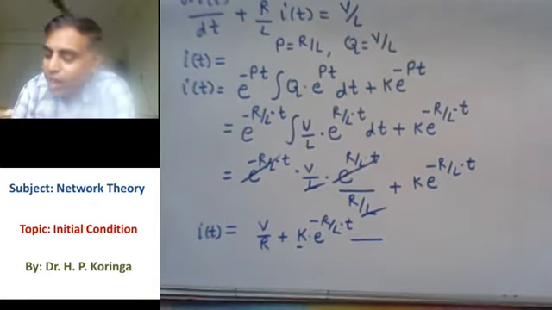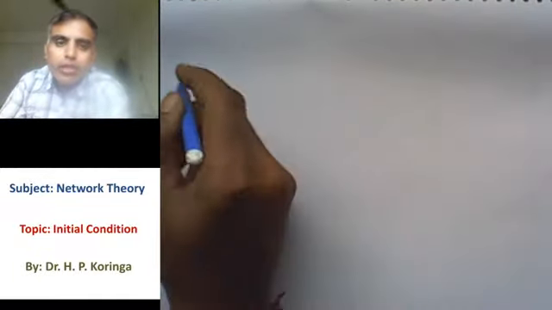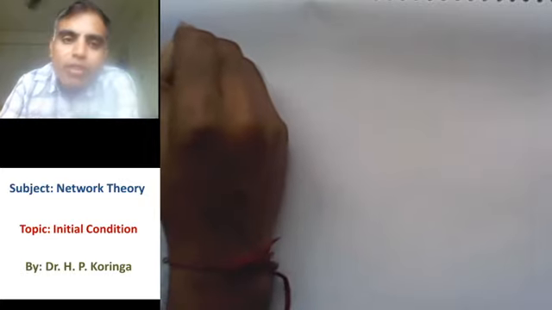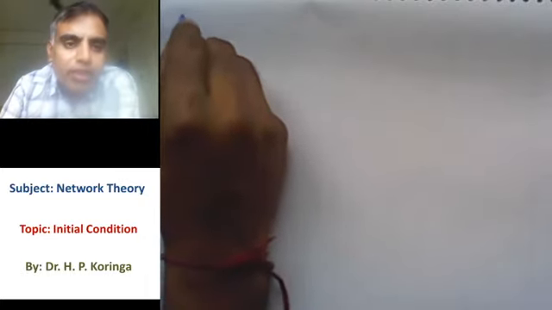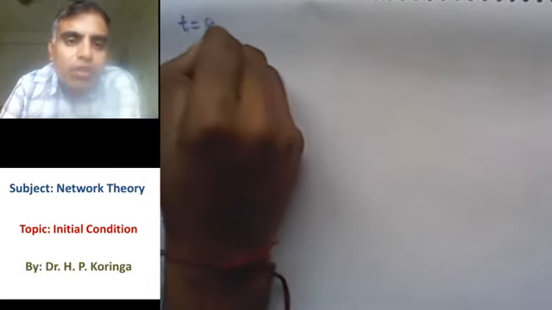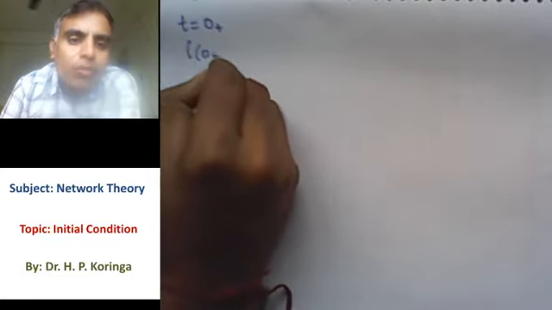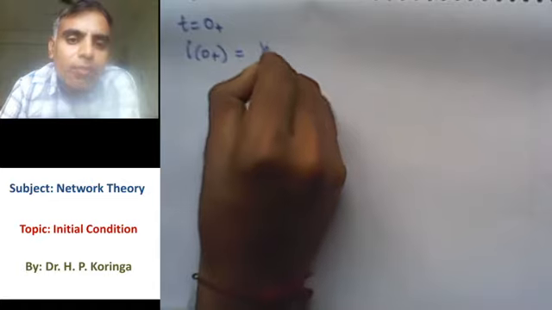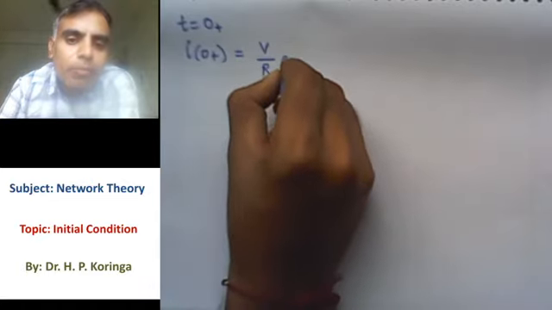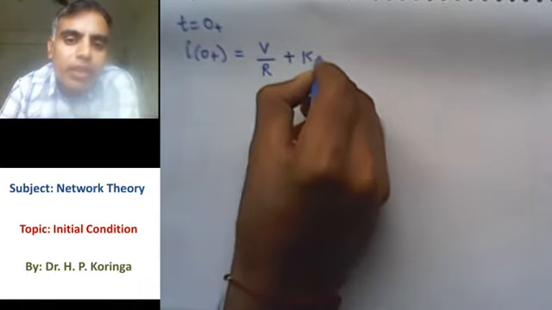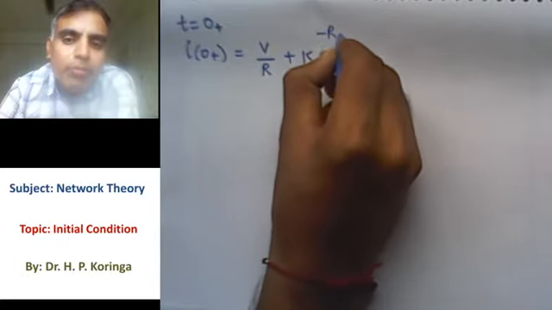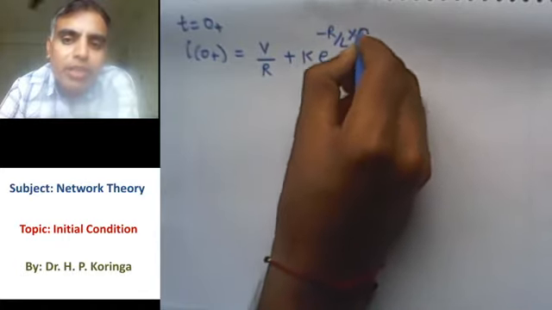So K can be found by substituting the value. To find the value of K, we require the initial condition. So let me substitute T equal to 0 plus. So I of 0 plus is equal to V upon R plus K e raised to minus R upon L multiplied by 0.